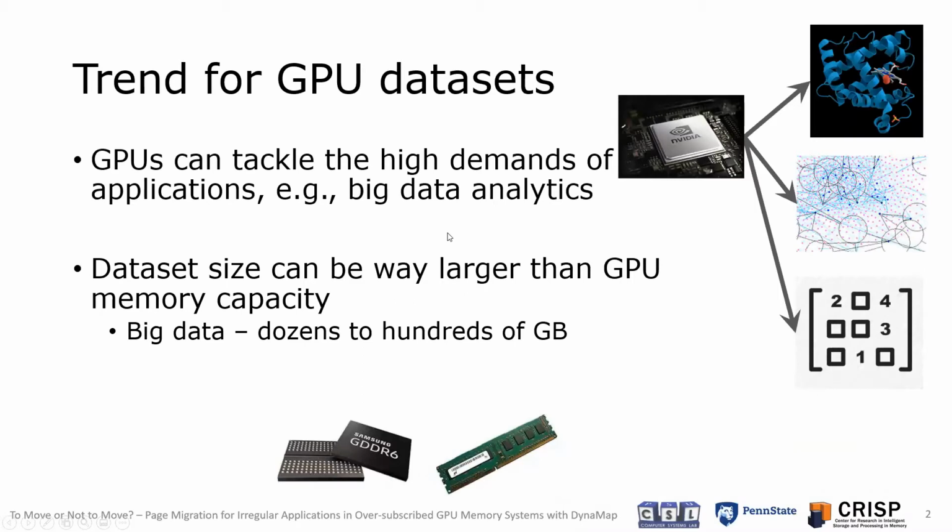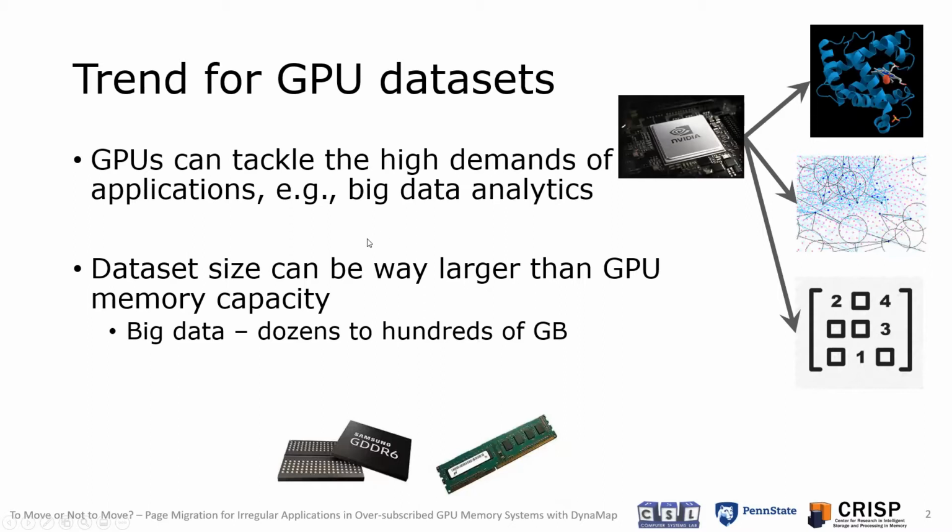So we all know that GPUs are widely adopted in acceleration and high-performance computing area because it can tackle the high demands from various applications such as big data analytics. Those applications usually have large data sets like social networks or web search data, which can be dozens to hundreds of gigabytes.